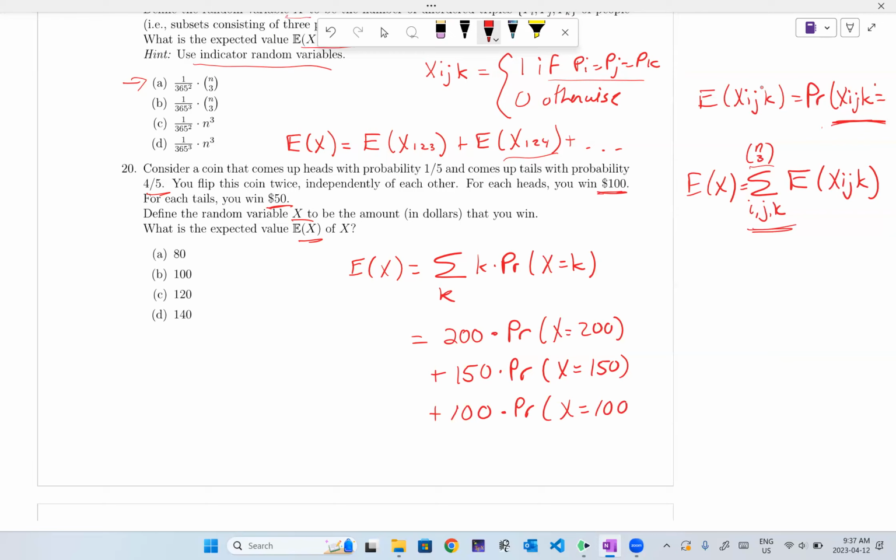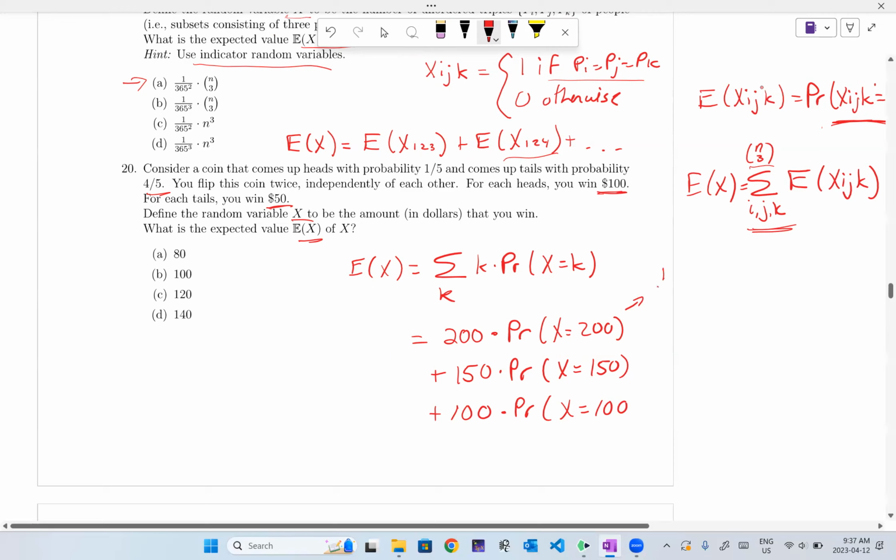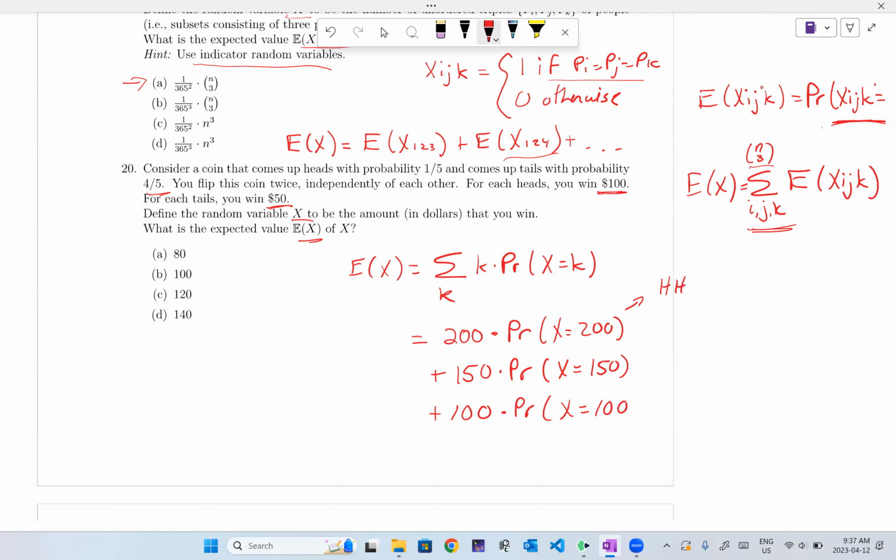So again, this is the probability that I get heads out of 2 coin flips. That has probability 1/4. Let's say this is heads. Probability of heads equals 1/4.